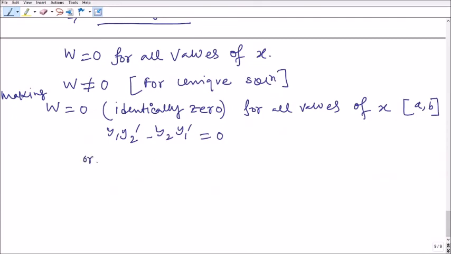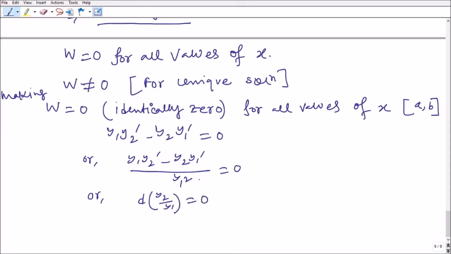Now dividing by y1 square, the left hand side term can be written as d of y2 by y1 equal to 0. So y1 y2 dash minus y2 y1 dash over y1 square can be written as d of y2 by y1.